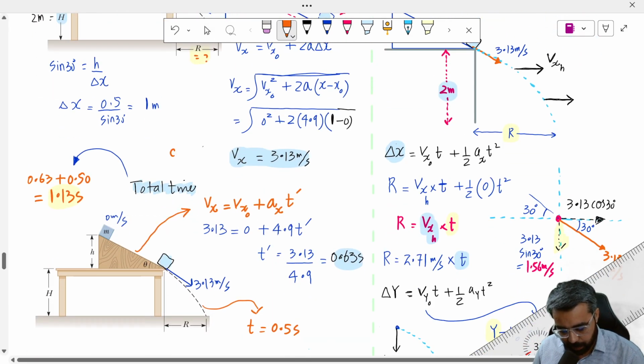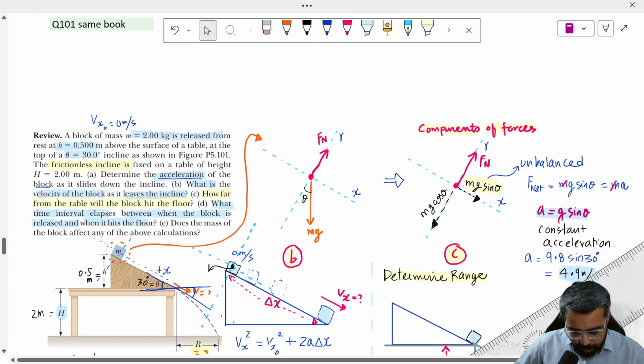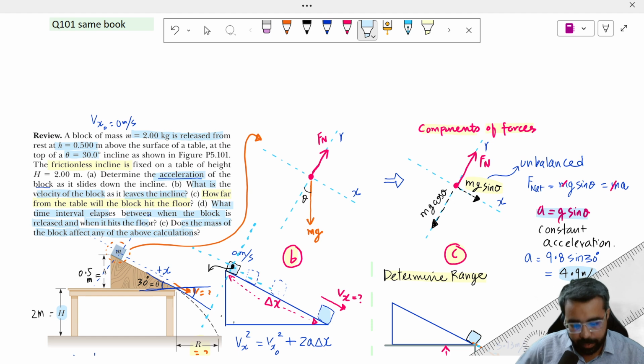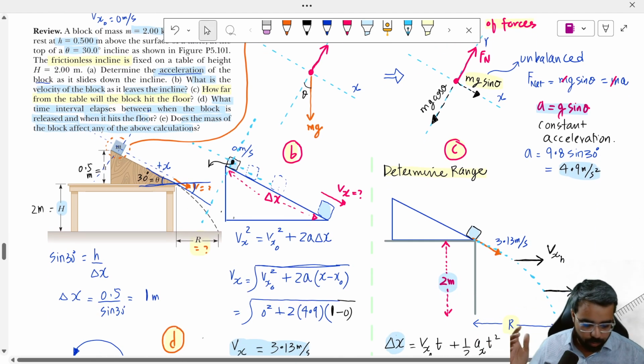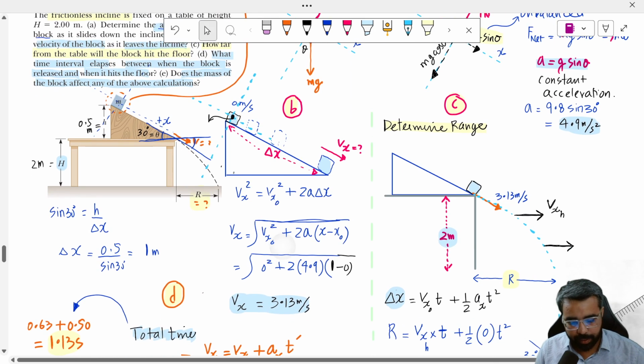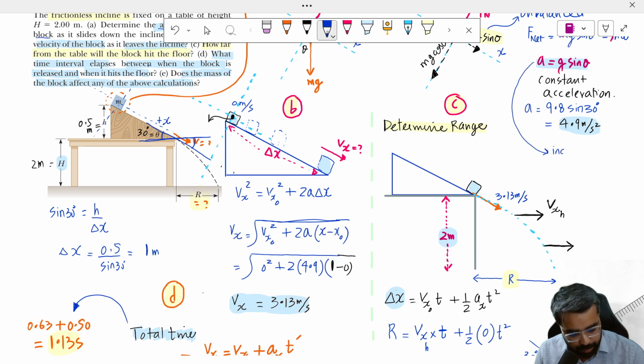Our next question, I think our last question, is: does the mass of the block affect any of the above calculations? Interesting question. In this whole procedure, when we were calculating the acceleration on the incline, don't you think it is independent of the mass? It does not depend upon the mass.